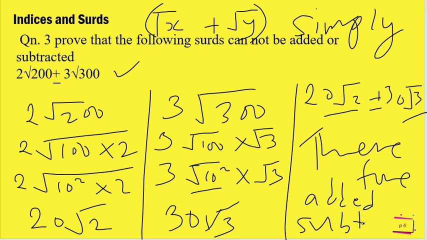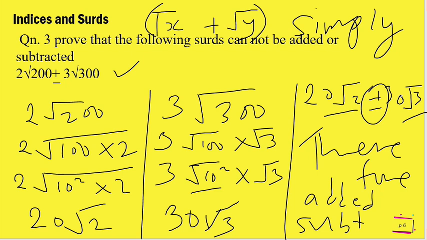So already we have proved it. Proving requires you to simplify, and once you have simplified them fully, then compare. Just look at the term that is inside the root. If those terms are different, then the adding or subtraction cannot be done.